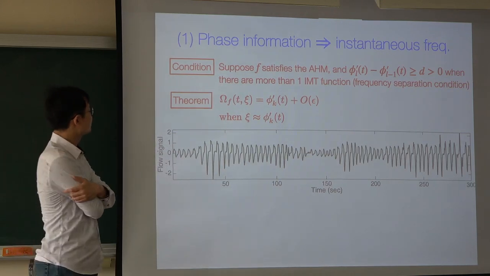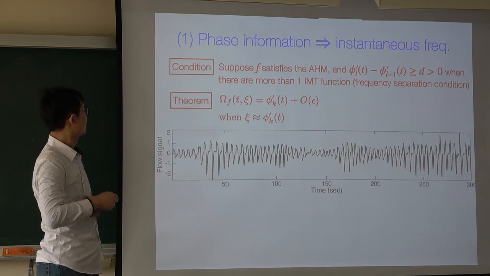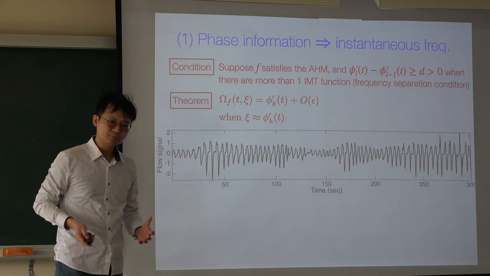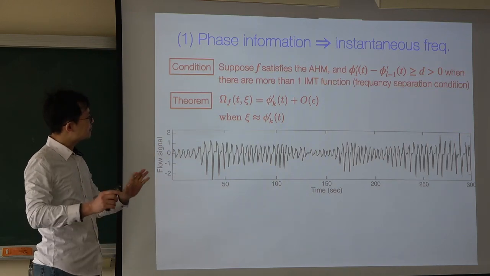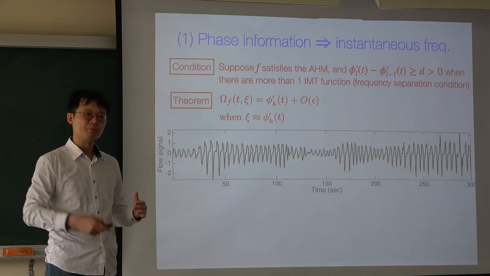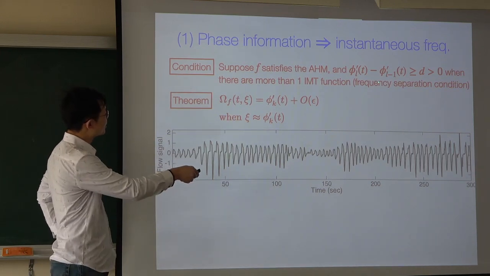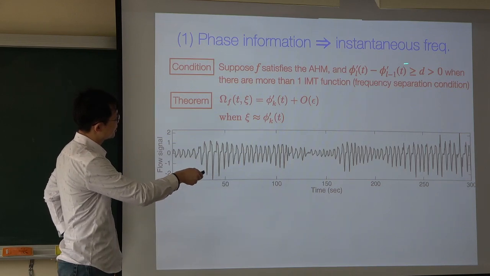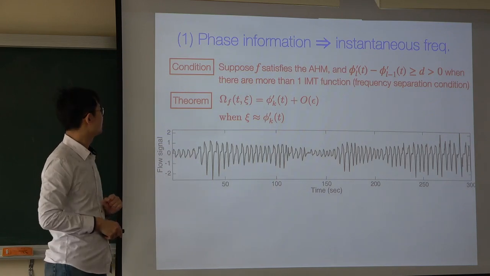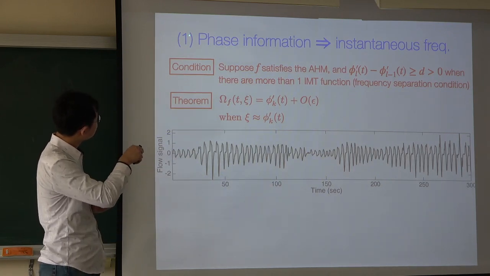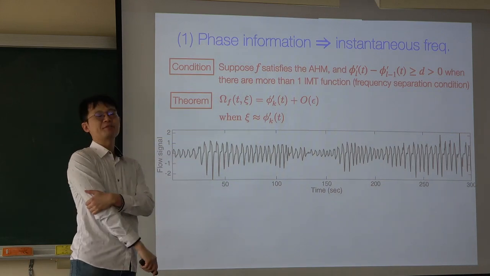The first property I want to discuss is the following. As we mentioned, right now we focus on the adaptive harmonic model, and suppose there are multiple components. That is, there are more than one component in the signal. Then we make this assumption, that is, there is a frequency separation. Under this assumption, we can study how the phase information gives us the instantaneous frequency.